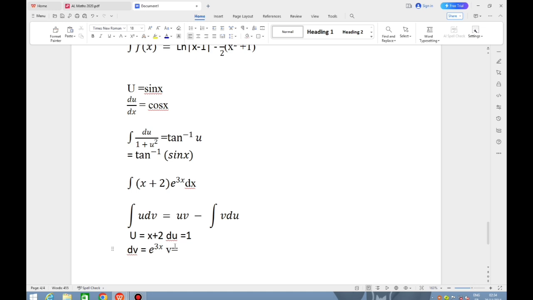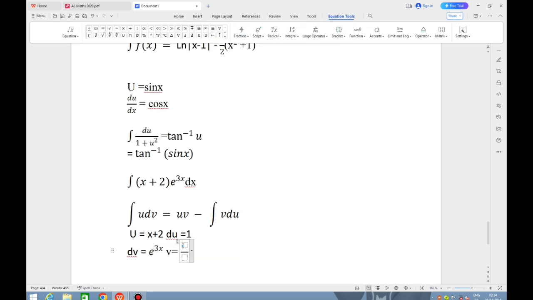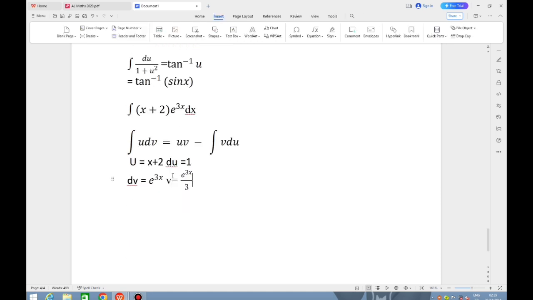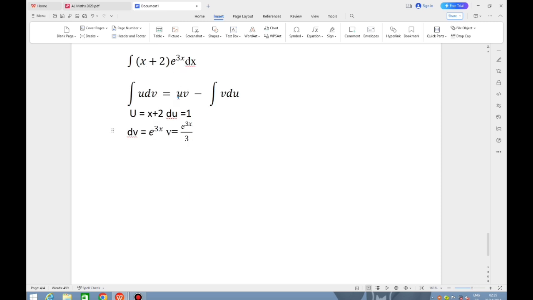So v is equal to 1/3 times e to the 3x. So this is u, this is v. Now simply substitute this into this equation and we're good to go.